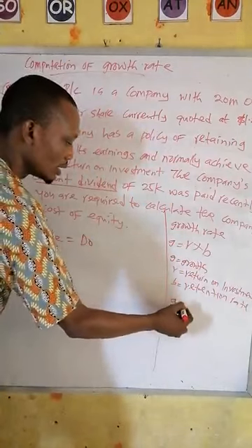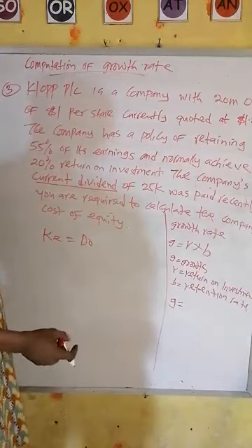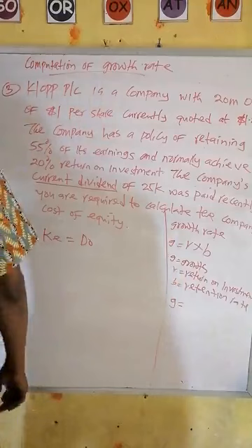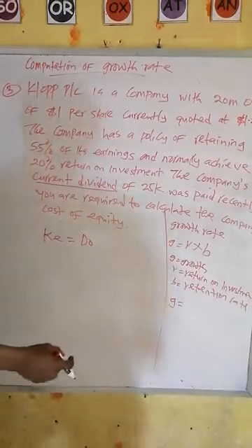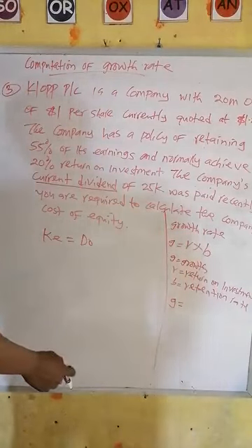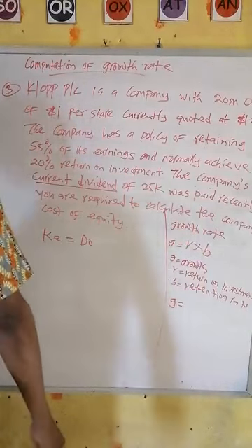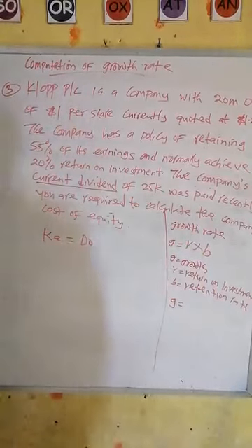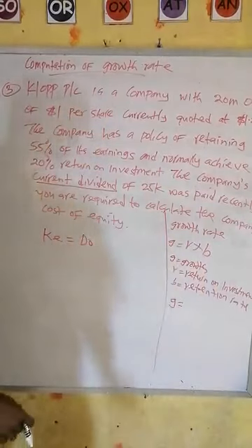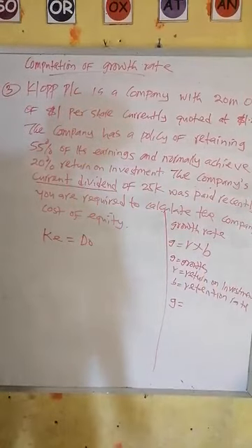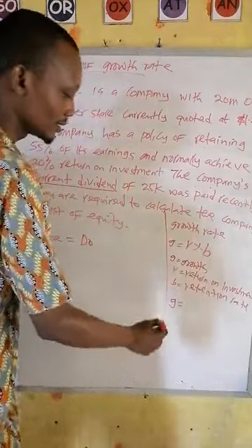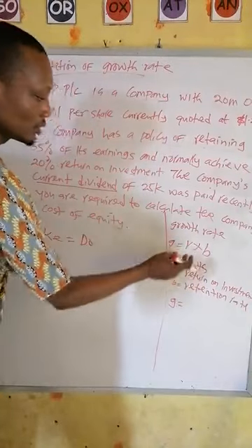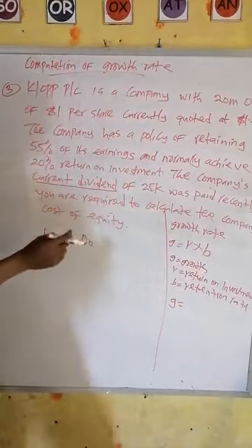G is equal to R. What is our return on investment in this question?